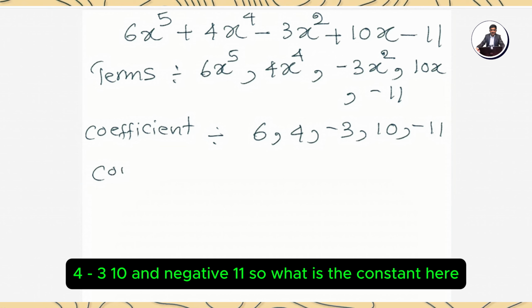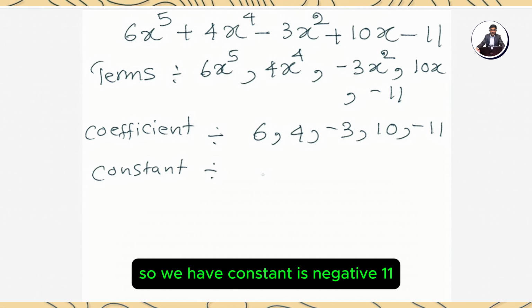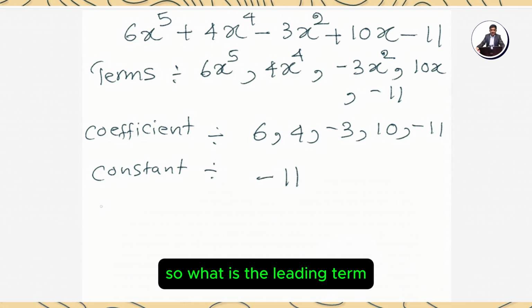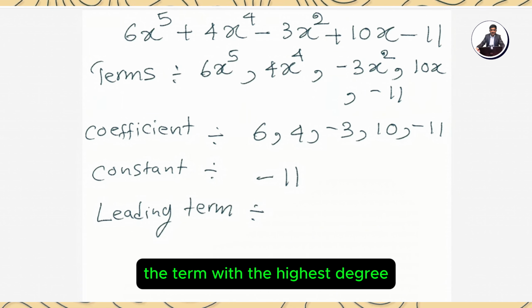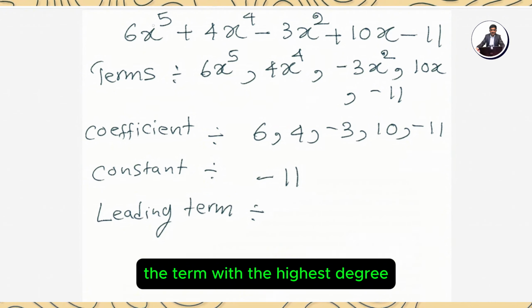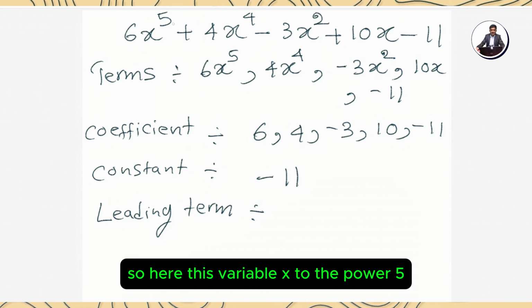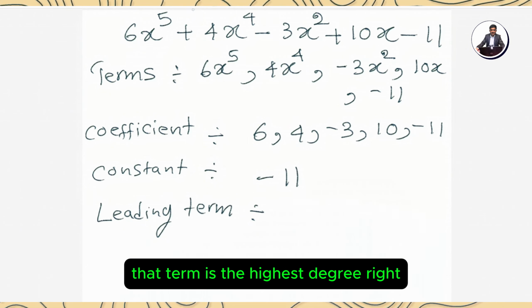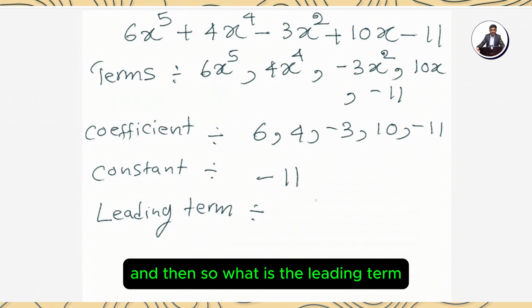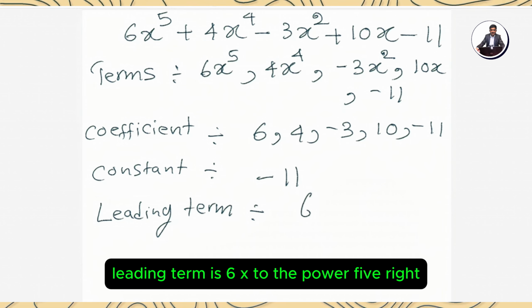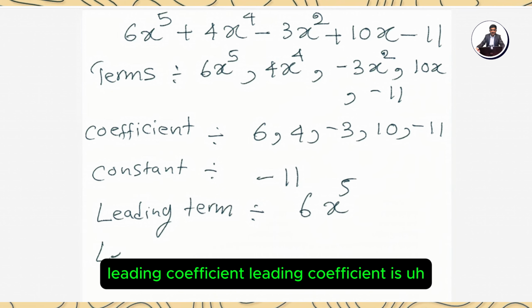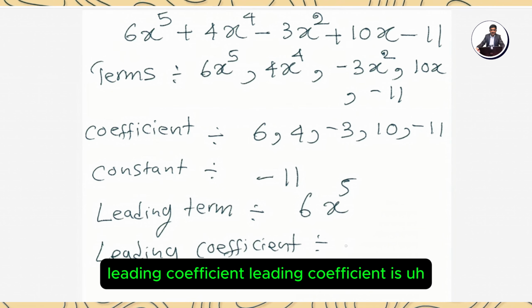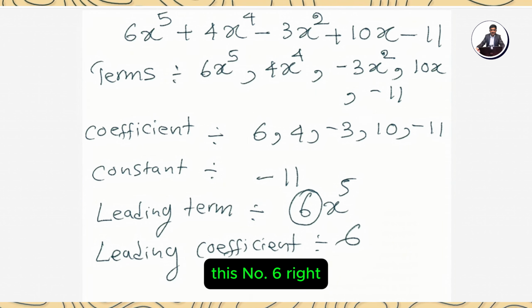The constant is negative 11. The leading term is the term with the highest degree, x to the power 5. So the leading term is 6x to the power 5. The leading coefficient is 6, right?